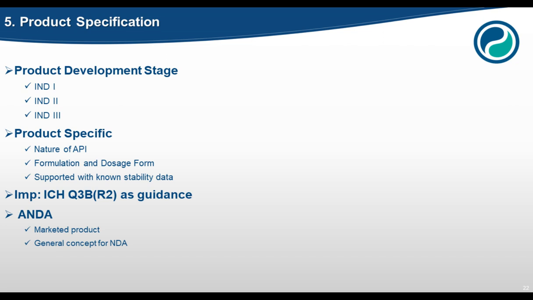The purpose of the limits is to ensure that we have a safe, efficient, and pure drug product for patient use. ICH guideline Q3B is a very useful guidance to set up impurity specification limits for NDA products.